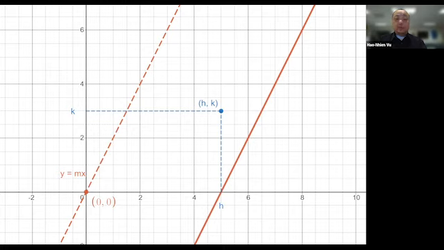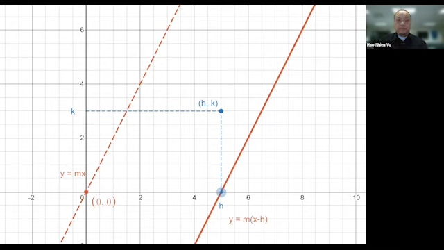The equation of this new line is y equals m, and then instead of x now I have x minus h in parentheses. That's not quite the line I want, right? I want the line to pass through the point h comma k, not that point h comma 0 at the bottom there. So I need to push it up by k.